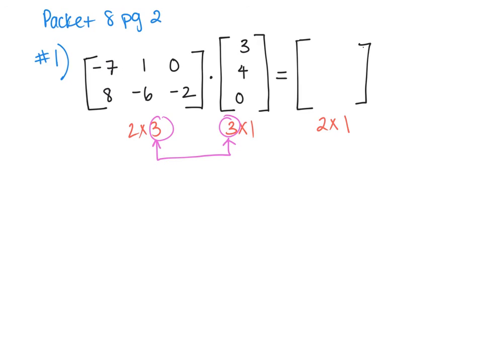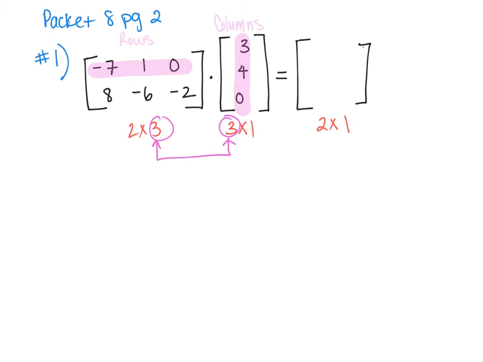So in this case here, remember, we always start off with rows, grabbing rows from the first matrix and columns from the second matrix. So I'm going to start off by grabbing the first row and multiplying by the column, right? So in this case, I have to multiply the first number with the first number, second number with the second number, third number with the third number, and then I'll add them up.